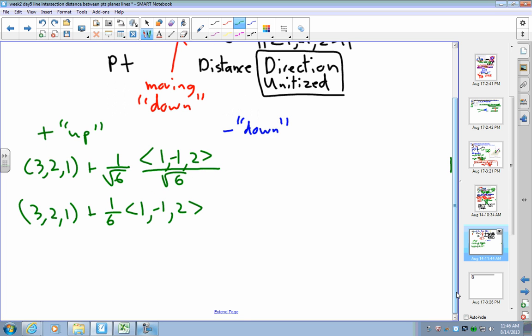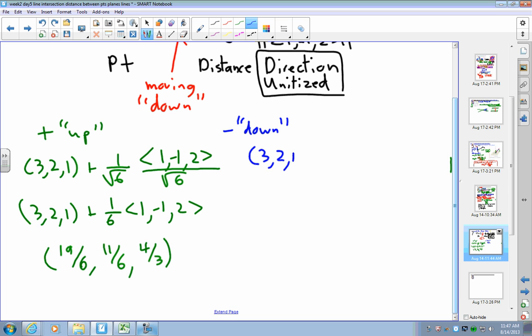If I do that, you just add specific values. So 3 plus 1/6 of this direction gives me 3 plus 1/6, 19/6. 2 minus that is 11/6. And 1 plus that is 4/3. Is that the correct answer? Yes.